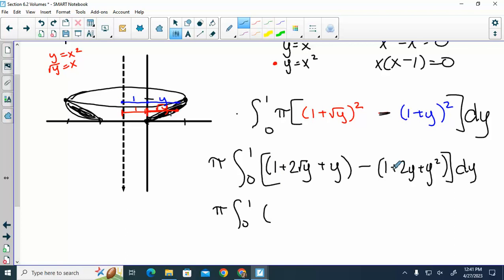So, combining my terms, 1 minus 1 drops. I have a 2 radical y, so 2y to the 1/2. Y minus 2y is negative y, minus y squared, dy.